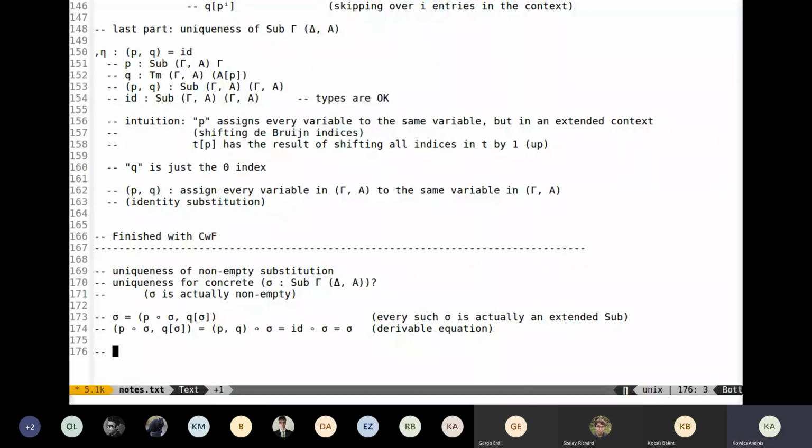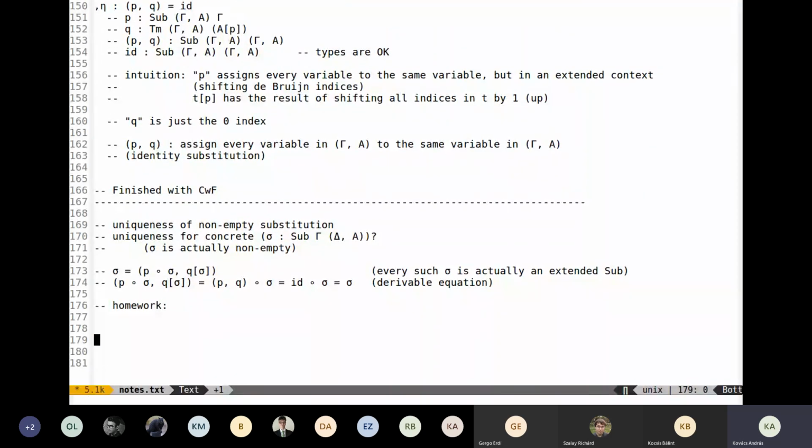Now there is a homework, and the homework is not very easy, but it's also not super hard. So the homework is that we have some term substitution like this.